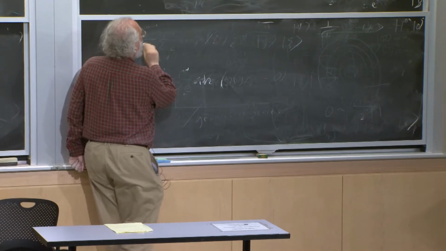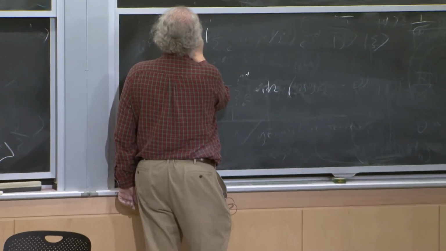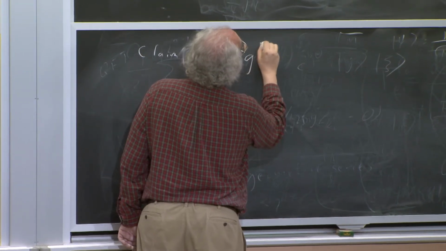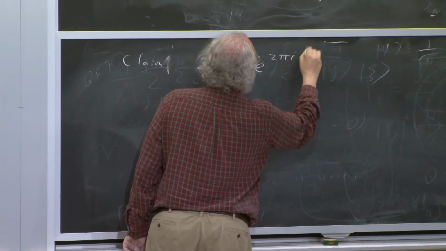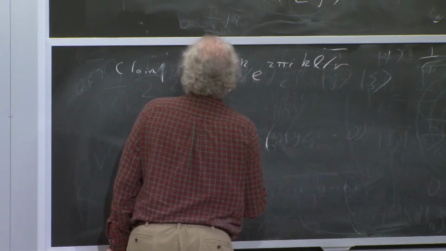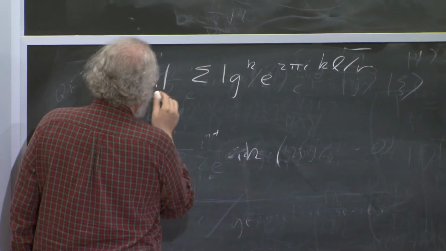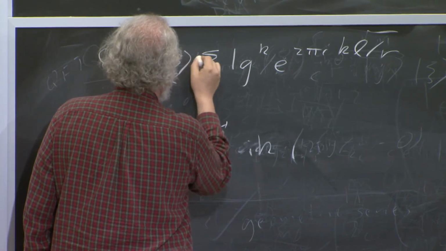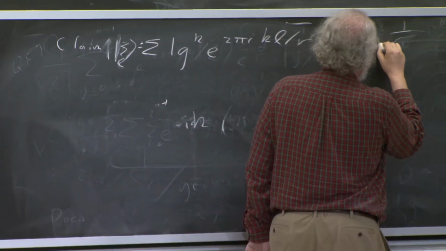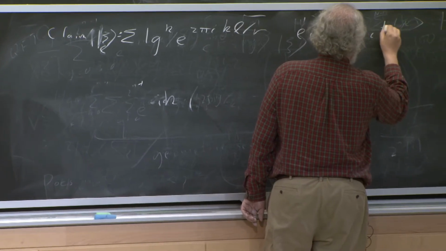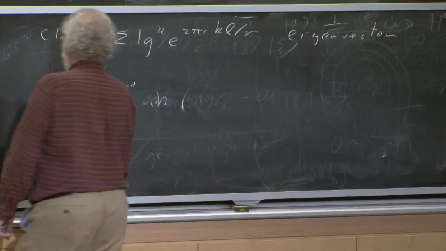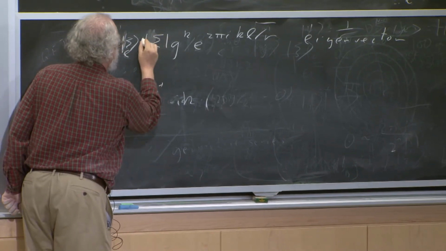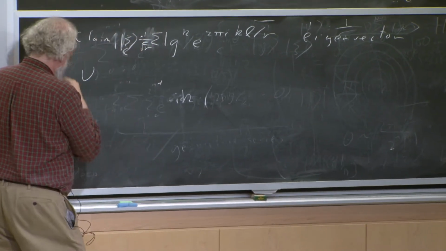Okay. So claim: the summation of g to the k e to the 2 pi i k L over r, let's call it C sub L, is an eigenvector. The proof: I want to divide this by root r.